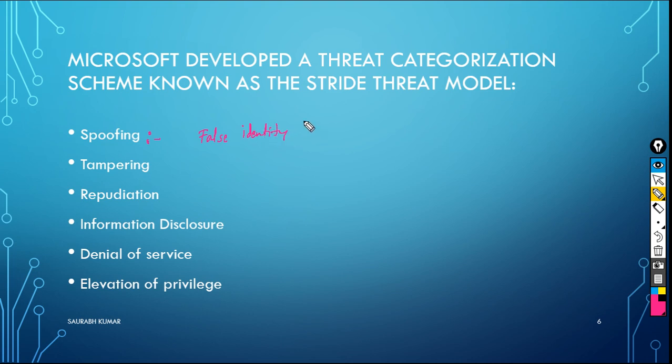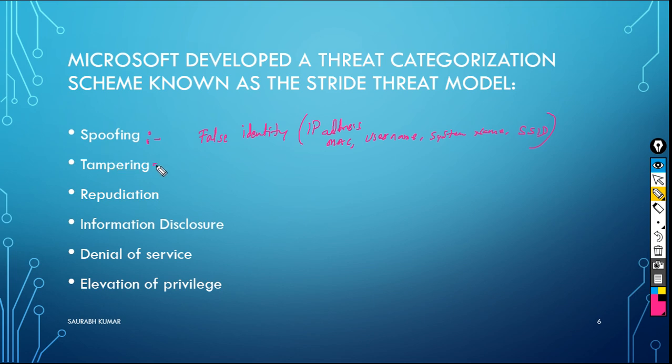That identity can be a false IP address, a false MAC address, a false username, a false system name, or even a false SSID of your Wi-Fi. So these are some of the different kinds of spoofing that can be done by the attacker.